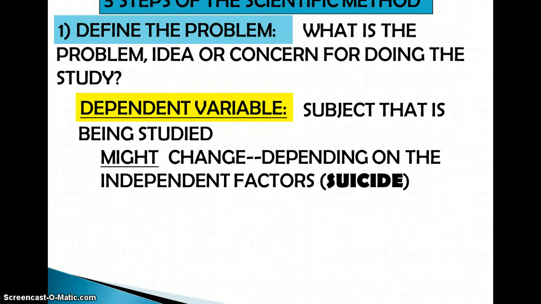Grades might change depending on my independent factors, which we haven't talked about yet. So realize this behavior may or may not change depending on something I'm looking at or something I might do.